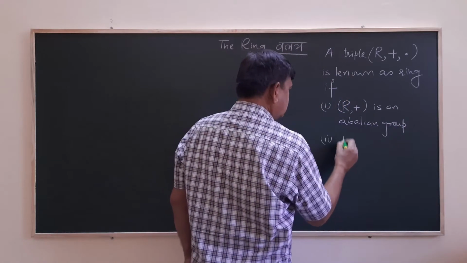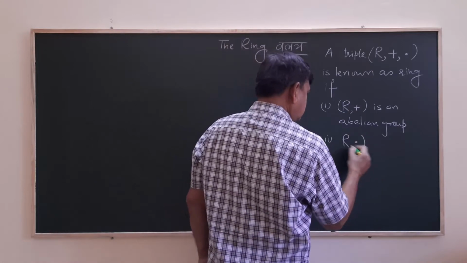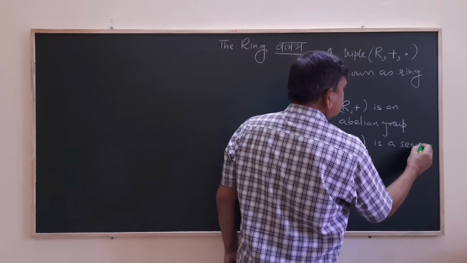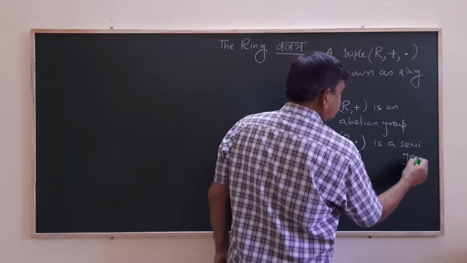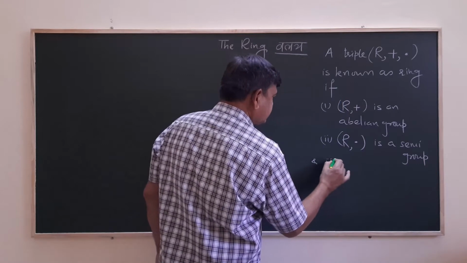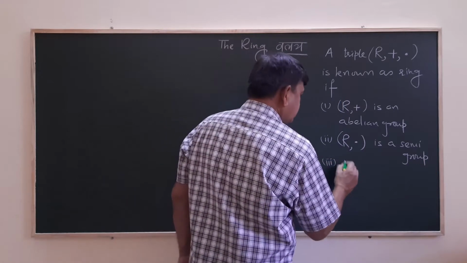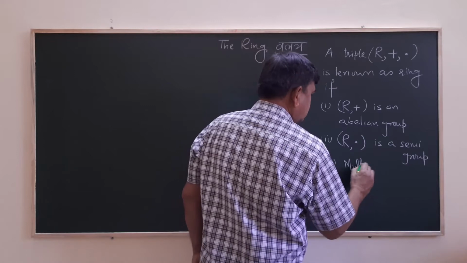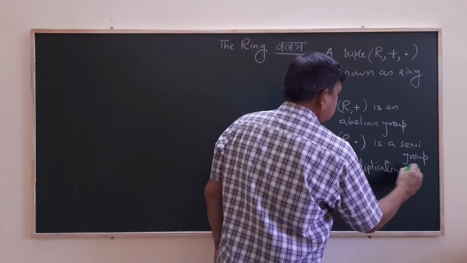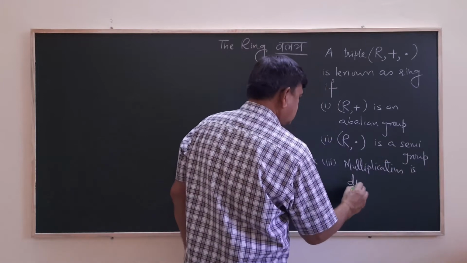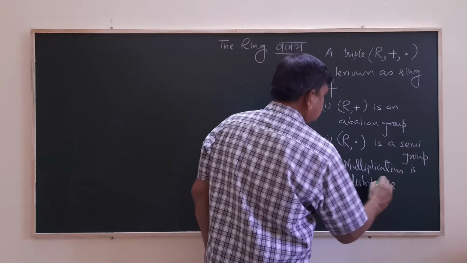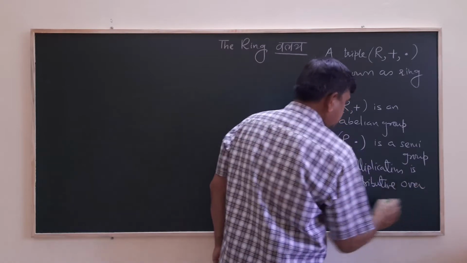Second, it is a semi-group, and third, multiplication is distributive over addition.